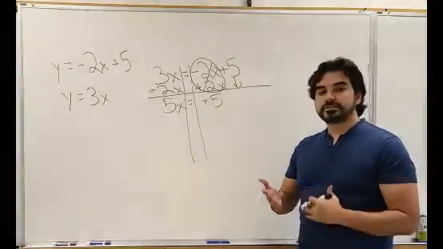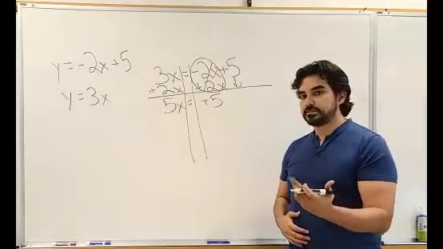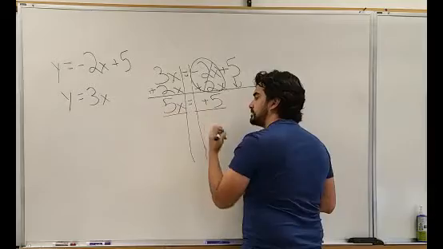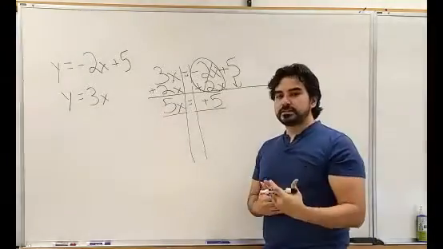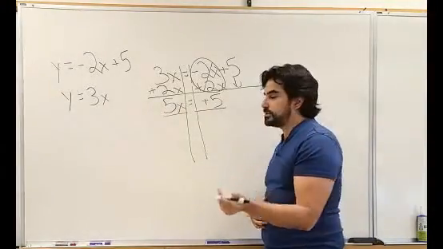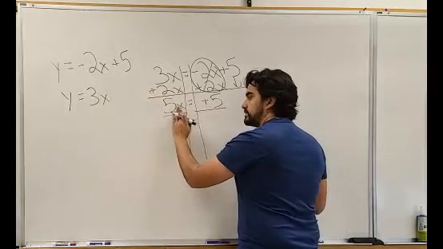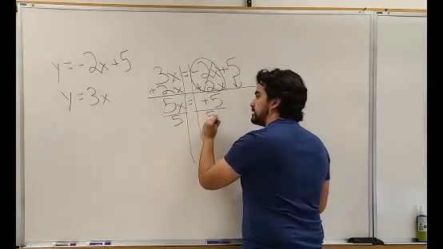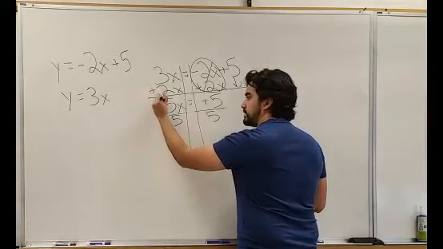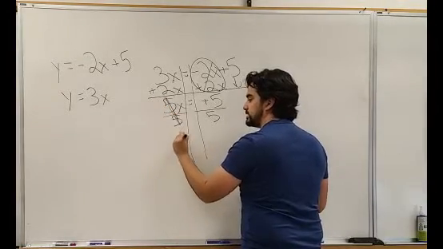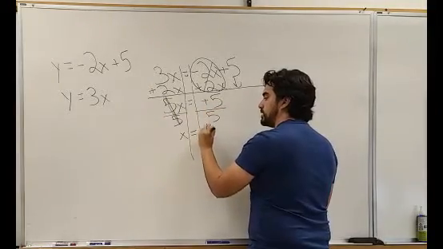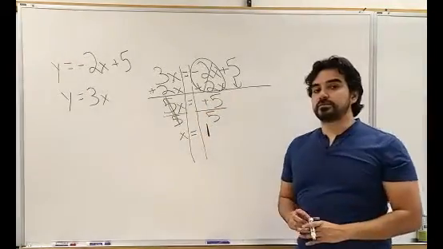So I'm going to do the inverse operation, which is division. I'm going to divide both sides, and we're always going to divide by the coefficient. The coefficient of x is 5. So 5 divided by 5 is x, equals 5 divided by 5, which is 1. So x is equal to 1.